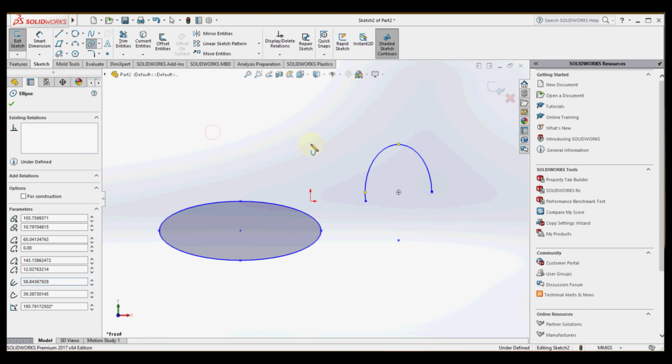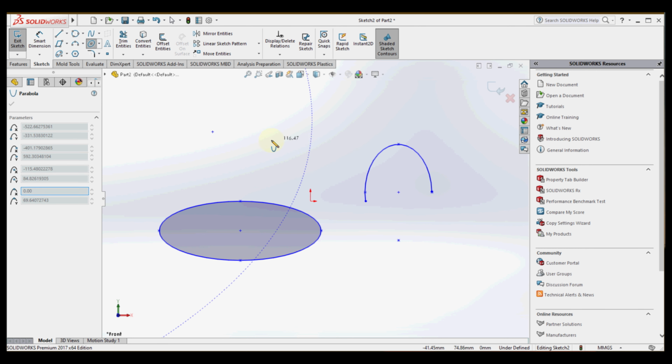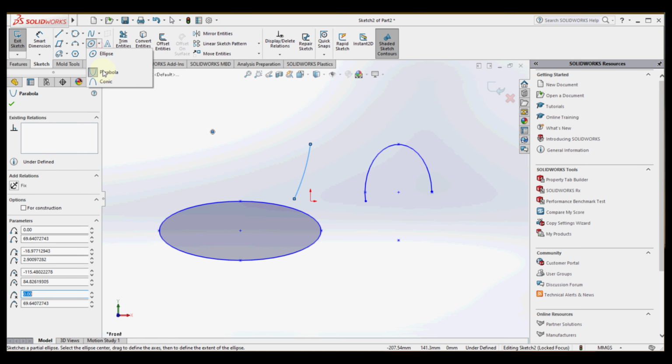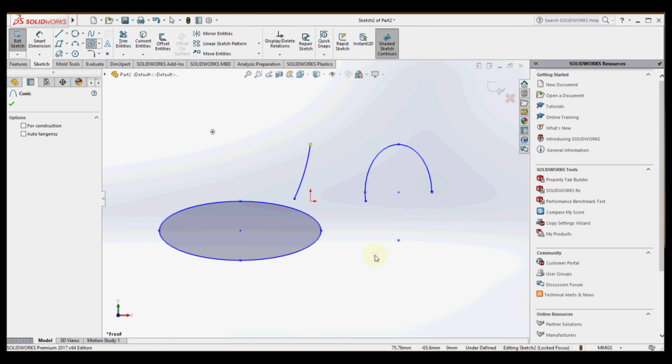Parabola is used to draw parabolic figures. And at last, conic is used to draw conic figures. Okay, we can go on to the next topic.